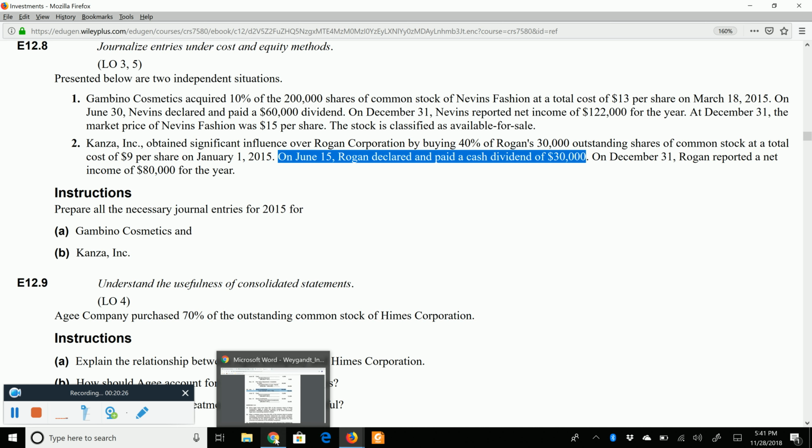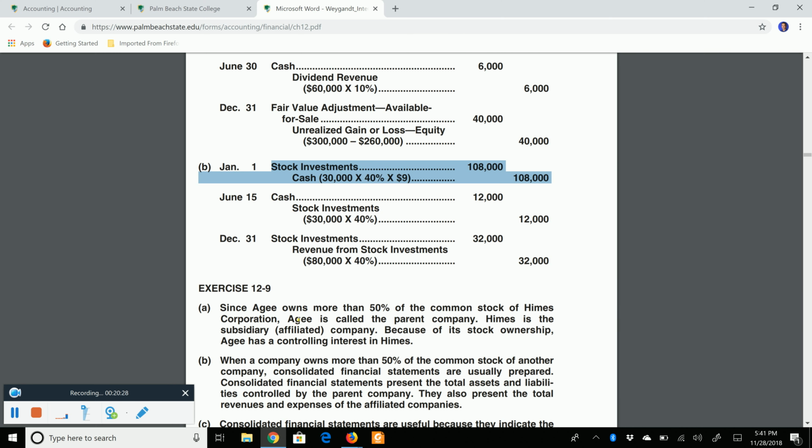All right, and so these next two situations, there are differences between the cost method and the equity method. So the overall dividend was $30,000, and we own 40% of the company. So 40% of that $30,000 dividend is ours. That works out to $12,000.